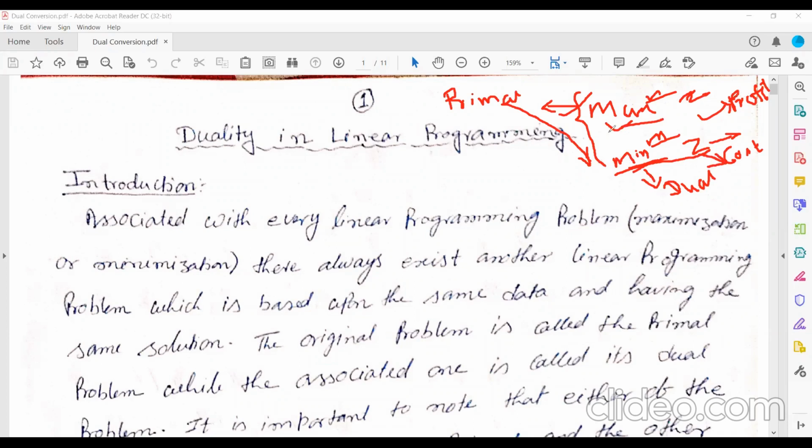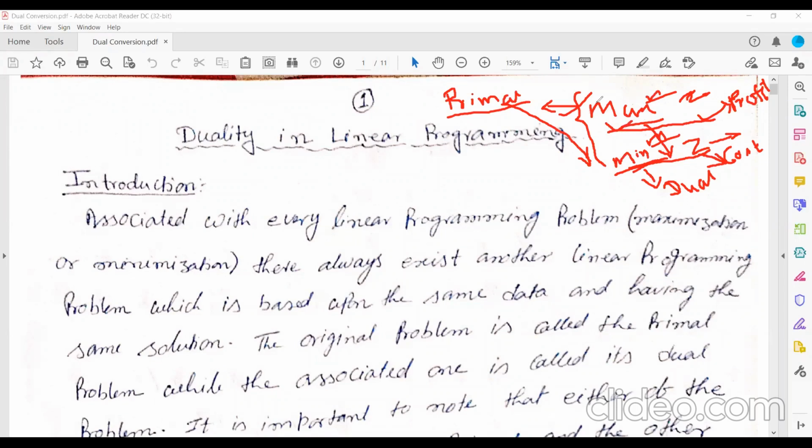So the original linear programming problem, where the problem is maximization of profit, is called the primal linear programming problem. And from this original problem you can derive another linear programming problem, and that will be minimization.